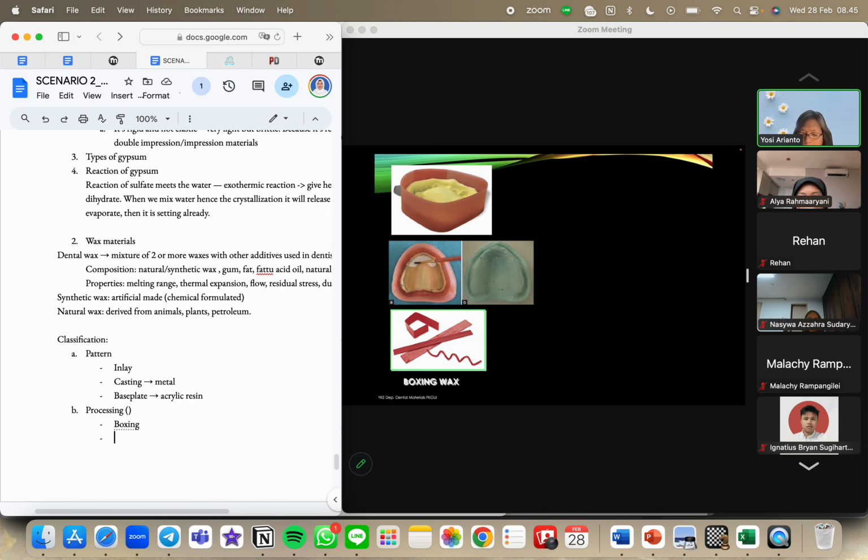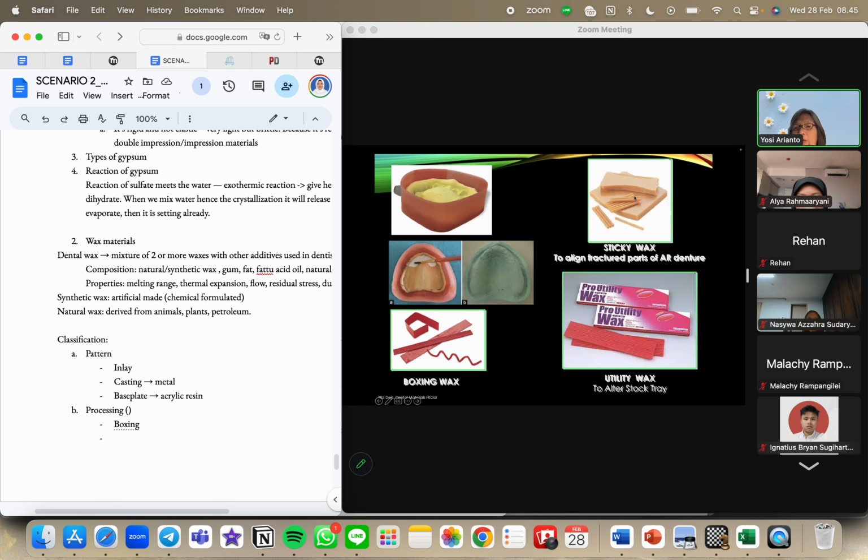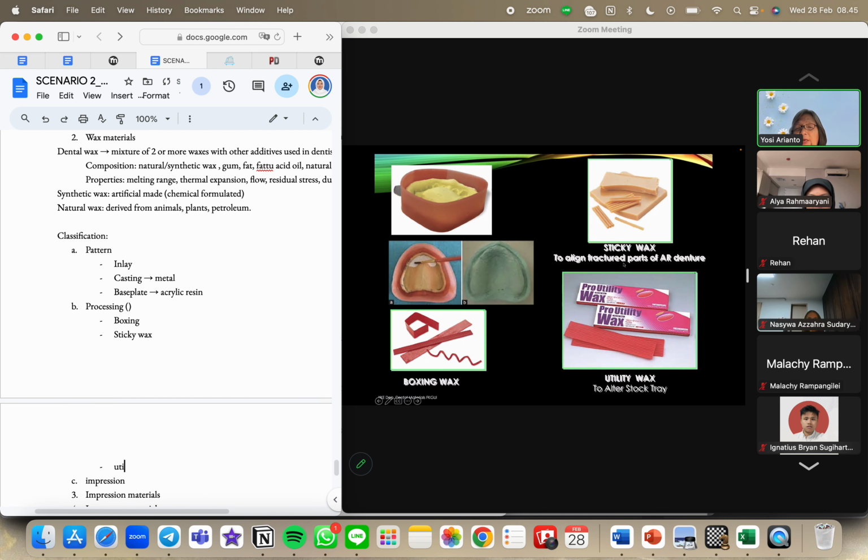Then we have the sticky wax. If we would like to align the fractured parts of the acrylic resin, we heat the sticky wax, put it on the fractured part, and combine it with the other fractured part, and then it will be aligned when the wax is set.